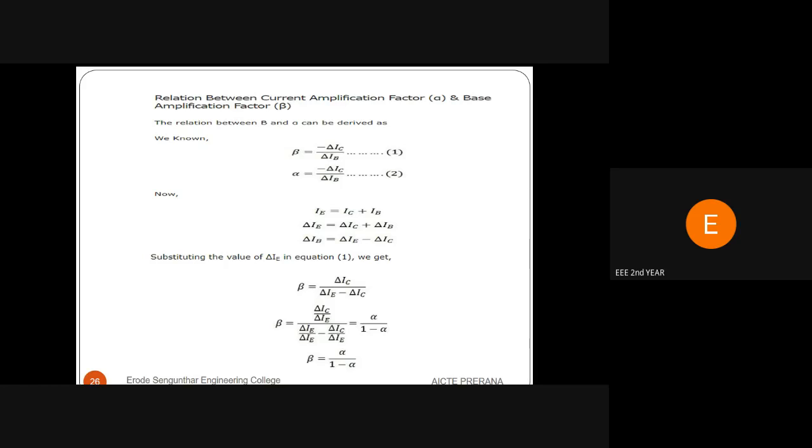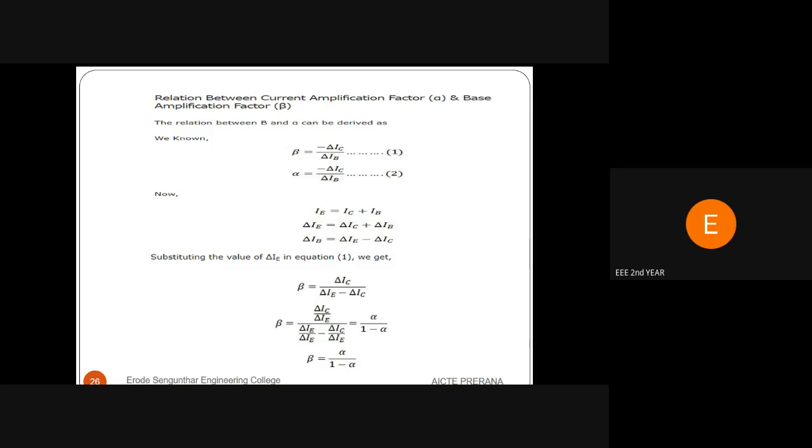The delta IC divided by delta IE equal to alpha. So substituting this, we get beta equal to alpha divided by 1 minus alpha. This is the relationship between beta and alpha. That is beta equal to alpha divided by 1 minus alpha.